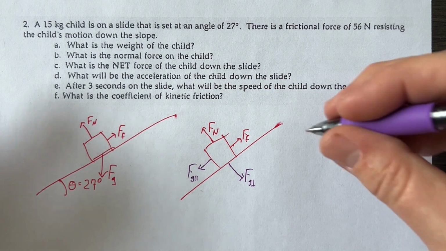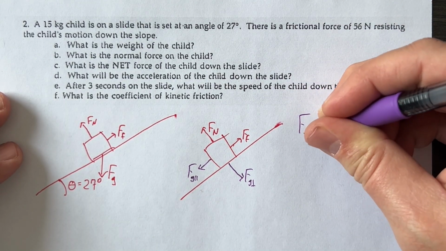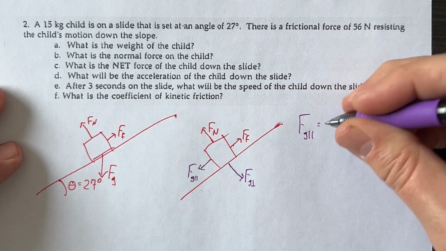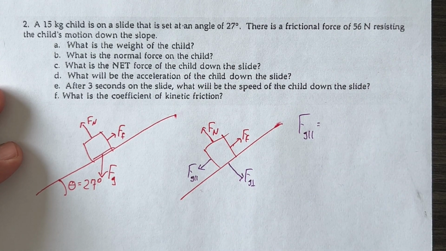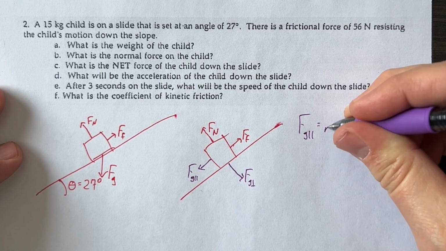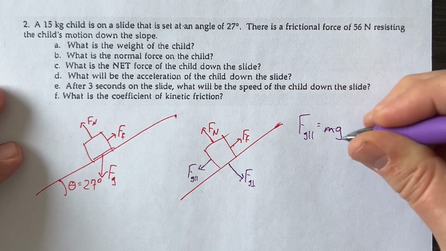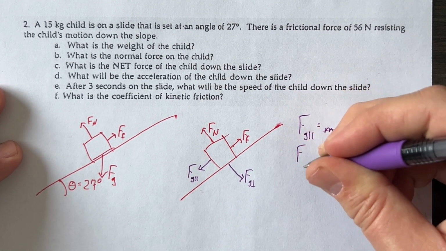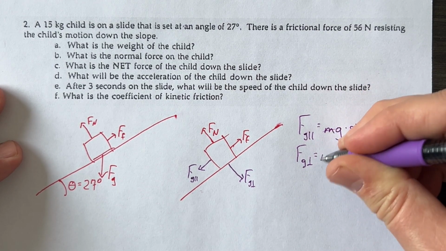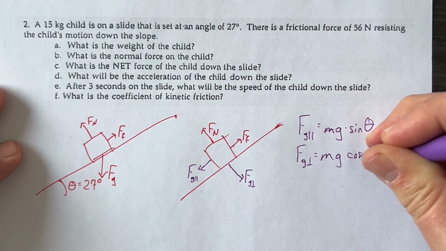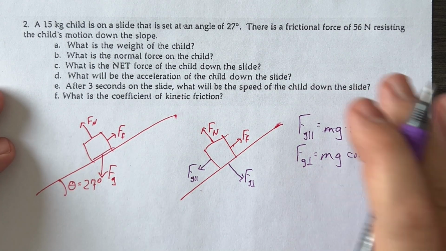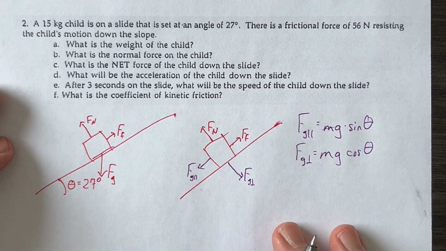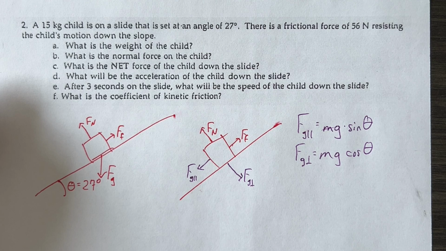We are just going to tell you to use memorized formulas: FG parallel is force of gravity, or mg, times the sine of theta, and FG perpendicular is mg cosine theta. So it's easy to get mixed up on these, and it's why just doing a memorization is useful, and not getting stuck in something.